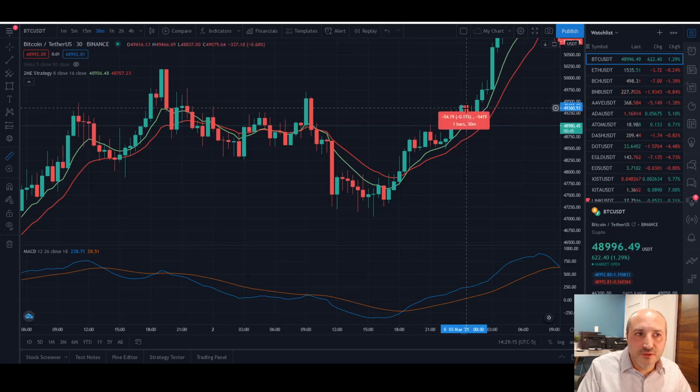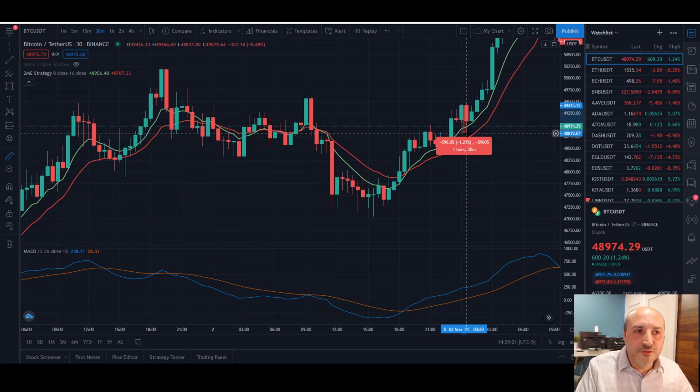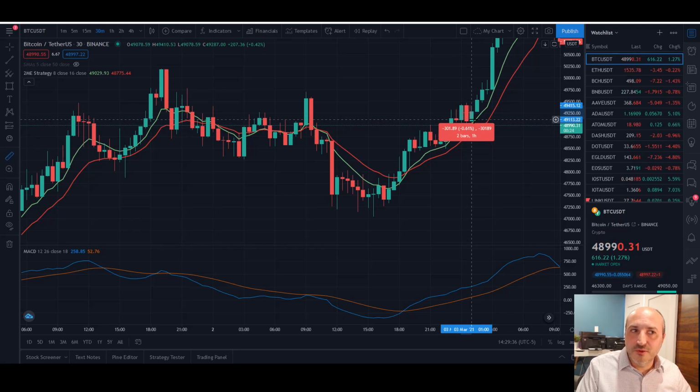If you look right here, that's the bottom of the wick. It's 1.20, almost 1.19%. So if you put your trailing stop loss at 1%, it would have sold right here.